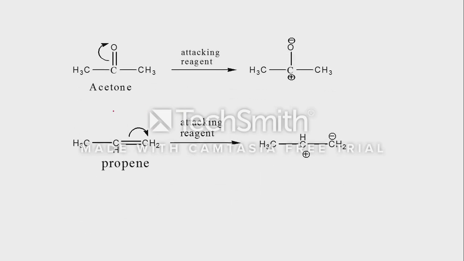In the case of asymmetrical molecules, acetone and propene are asymmetrical. Here the pair of pi electrons is shifted from the lower electronegative atom, carbon, completely towards the higher electronegative atom. Oxygen is the higher electronegative atom, so the pi bond shifts onto the oxygen.